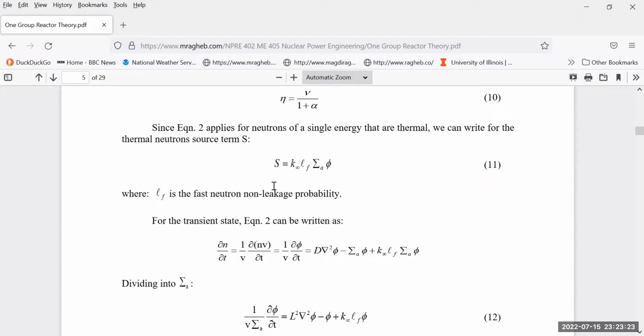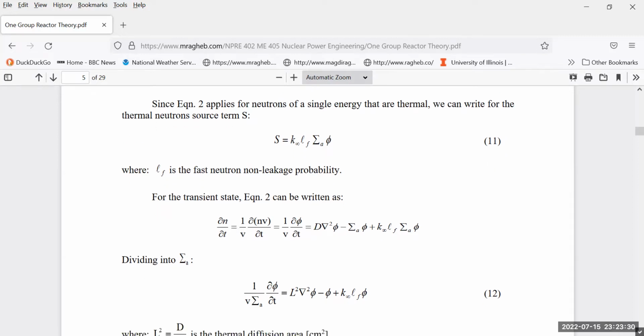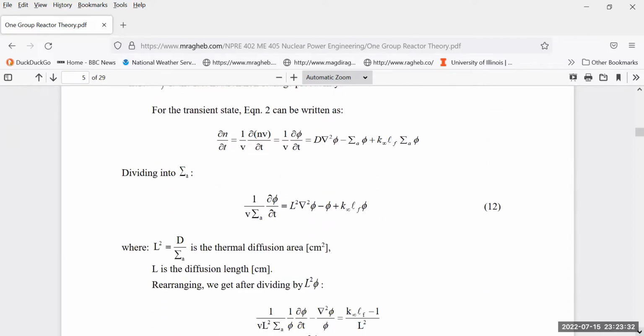All right, so we go back to the Helmholtz equation, and if we take the transient one, again, just because that is really the general case, you find that the source term now is that k infinity L sub f sigma absorption, the macroscopic absorption cross-section multiplied into the flux. Now that is partial n by partial t, and we can express this in terms of the flux. The flux is nv.